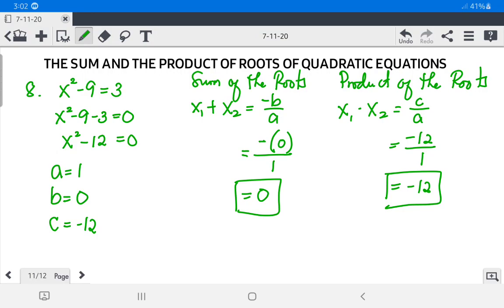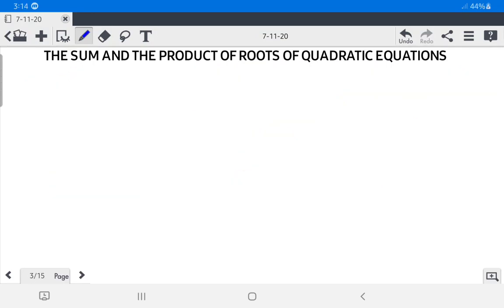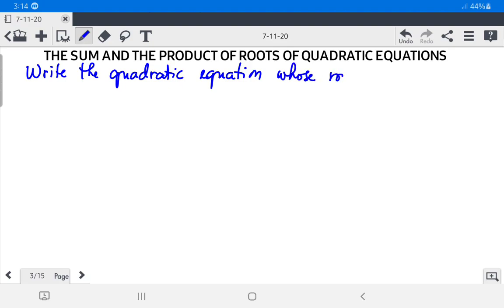Okay, another example. Let us write the quadratic equation whose roots are the following. Let's say number 1, we have 5 and 2. As you can see, this is the first root and this is the second root.